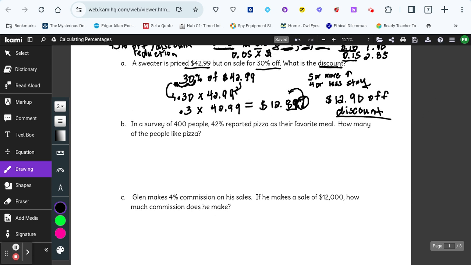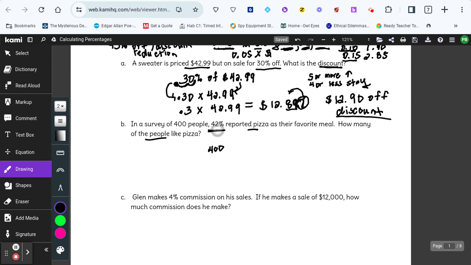In a survey of 400 people, 42 reported pizza as their favorite meal. So 42% reported pizza as their favorite meal. How many people like pizza? Well, how many people are there? There are 400 people. But not all of those 400 like pizza.